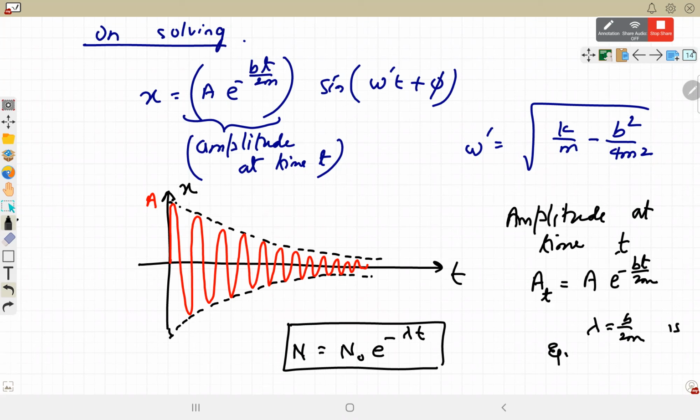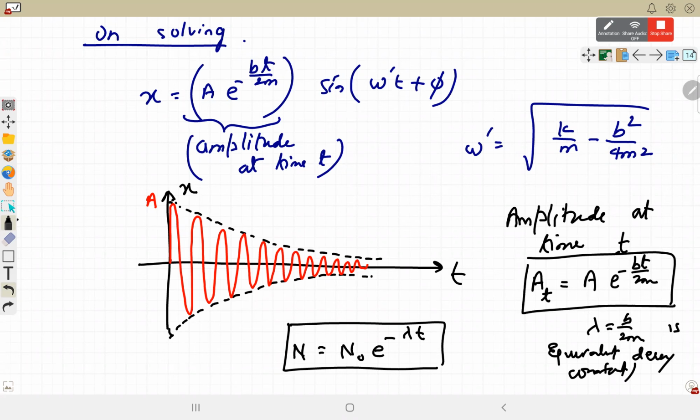So all those formulas that we had for radioactive decay, we can use here, like half-life time, the number of nuclei remaining after n half-lives. All those formulas we can apply: average life, mean life, half-life time period, and the time taken to decay from one amplitude to another amplitude.